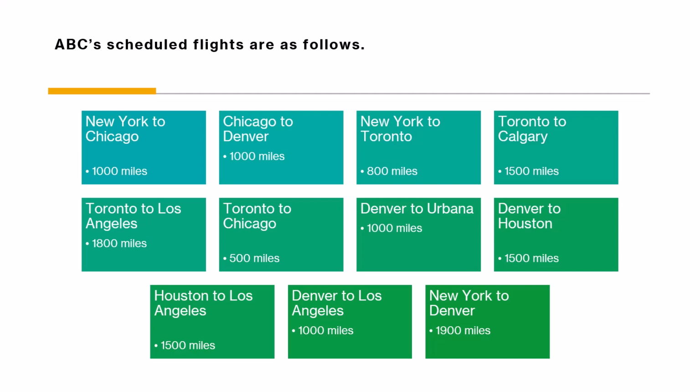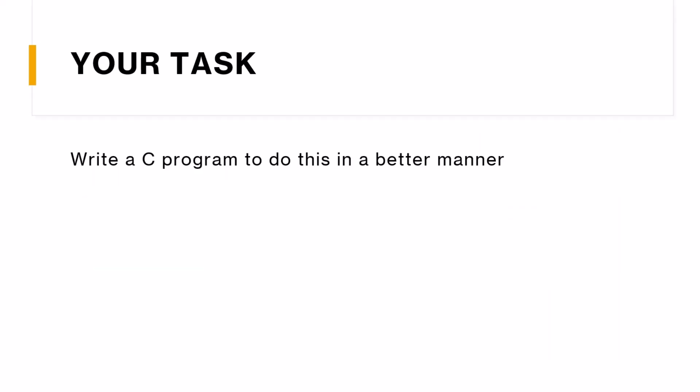One of those would be New York to Chicago, then Chicago to Denver, Denver to Los Angeles. Another could be New York to Chicago, Chicago to Denver, Denver to Houston, Houston to Los Angeles. A third could be New York to Toronto and then Toronto to Los Angeles. Our task is to write a C program to do this in a better manner.